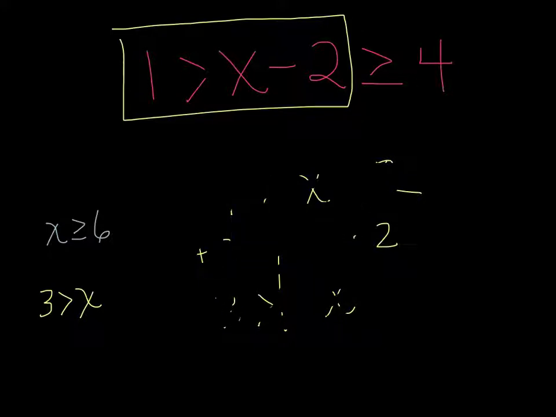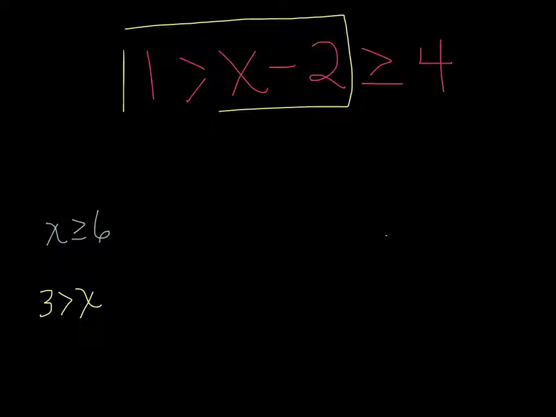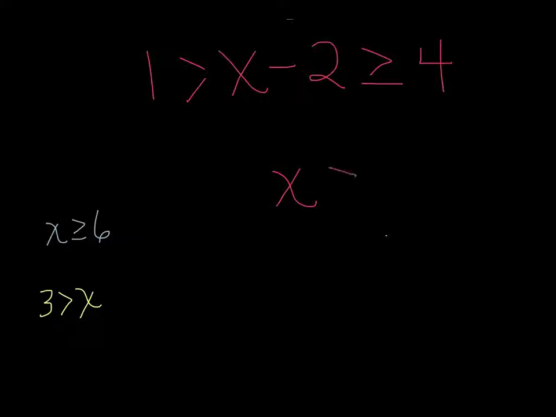So let's go ahead and simplify this inequality. So we actually have x is greater than or equal to 6, but I also have to write this one, x is less than 3.